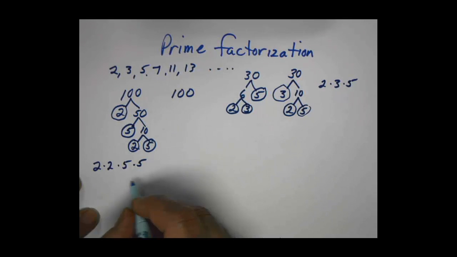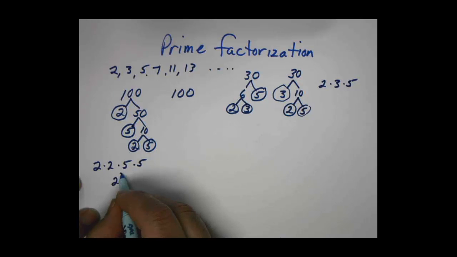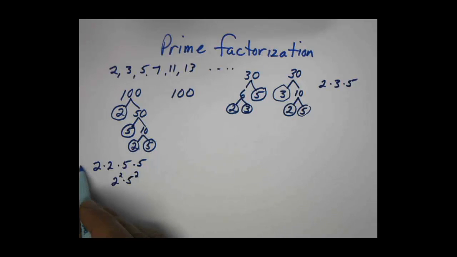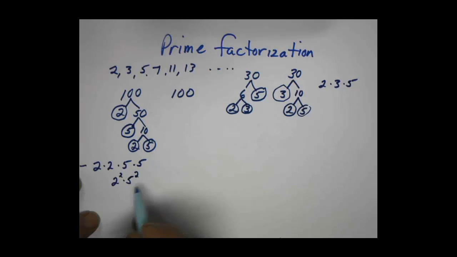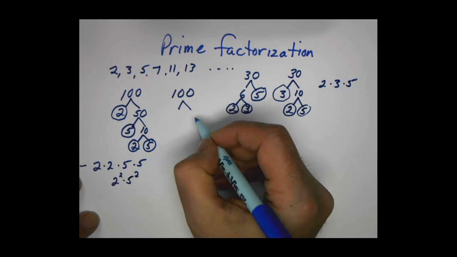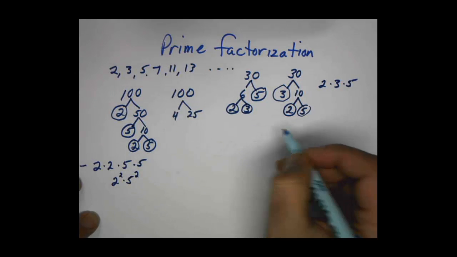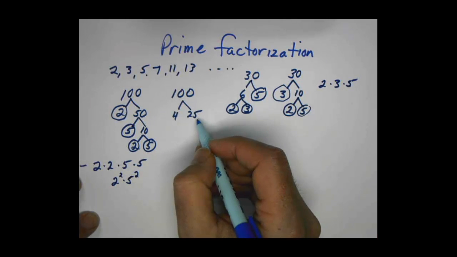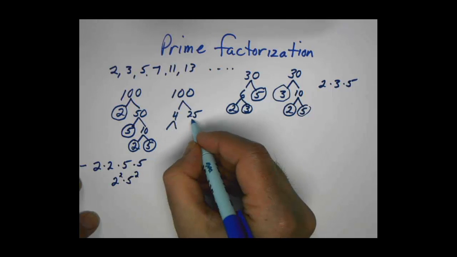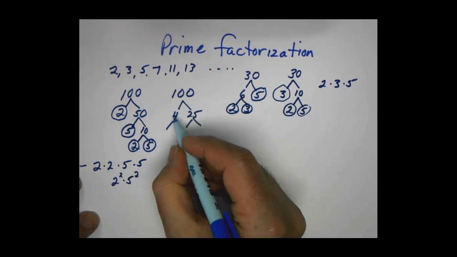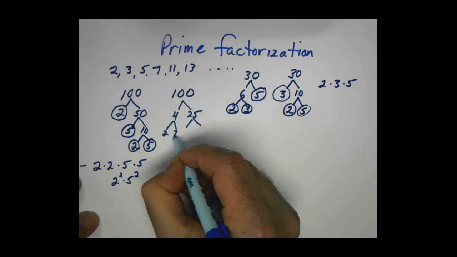Then we would write it in exponential form, 2 squared times 5 squared. So this is not wrong, but this is the more correct way to do it. So let's say we wanted to do 4 times 25. Either one of these is prime, or they get branches on each. 4 is 2 times 2.